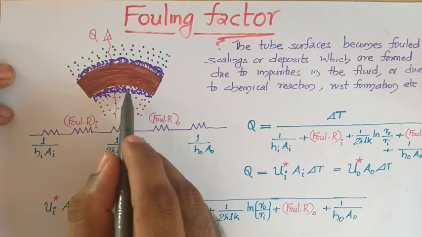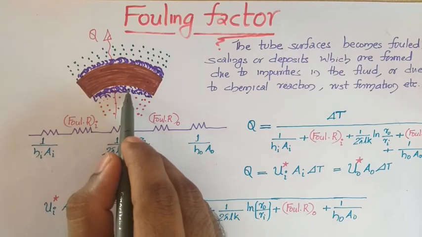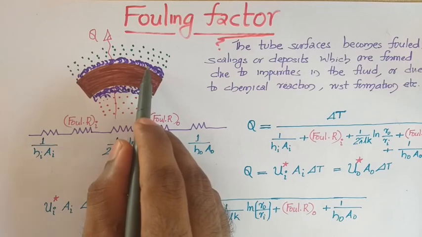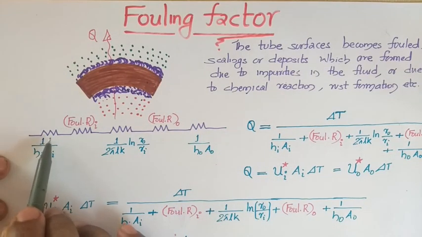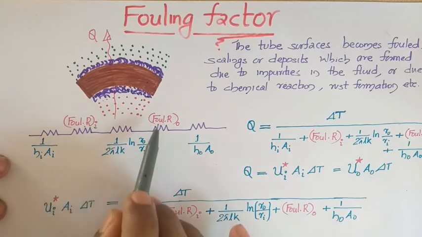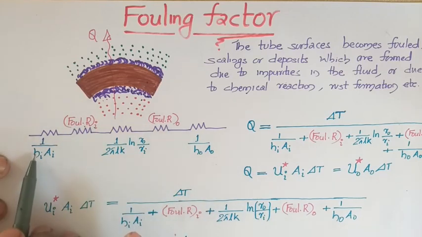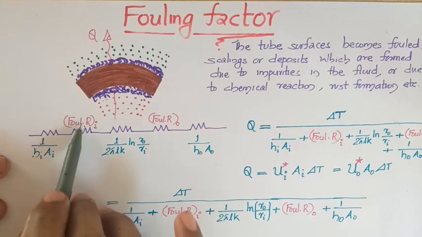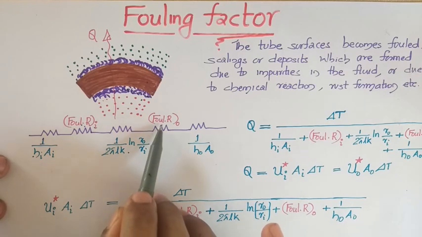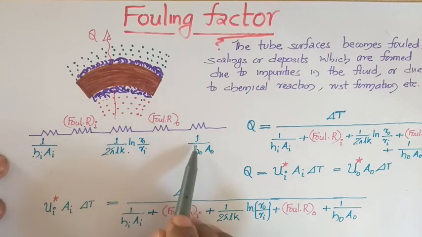With respect to the deposit at the inner side, fouling resistance will be coming at the inner, and also fouling resistance will be coming at the outer. So I will be representing here that a total of 5 resistances will be coming. Additional are fouling resistance inner and fouling resistance outer. This is inner convective, fouling resistance inner, conductive resistance of tube, fouling resistance outer, and convective resistance outer.